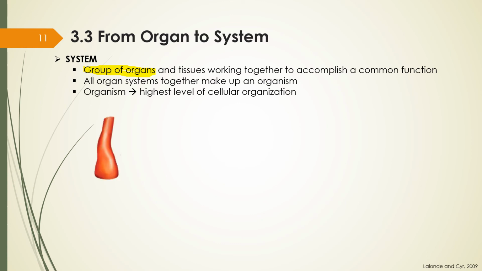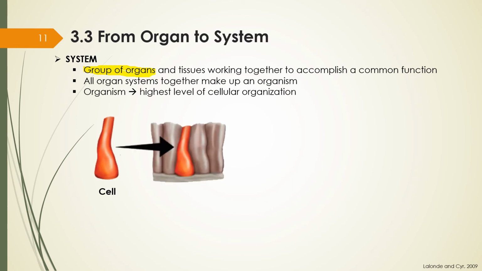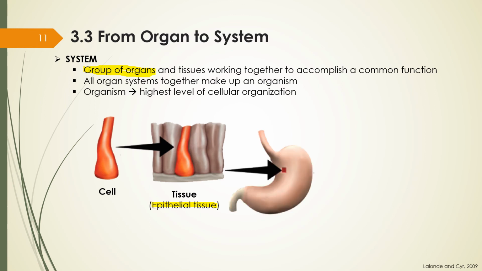Let's see an example here. This is a cell, one single cell. Okay, it multiplies and forms a tissue. So let's say an example here of epithelial tissue. So I have just one cell. When it multiplies, it forms an epithelial tissue, for example. And I have this epithelial tissue inside an organ.